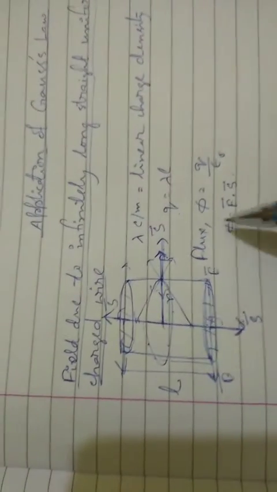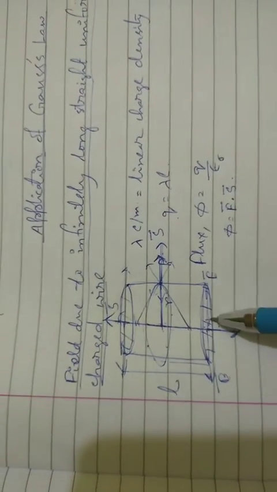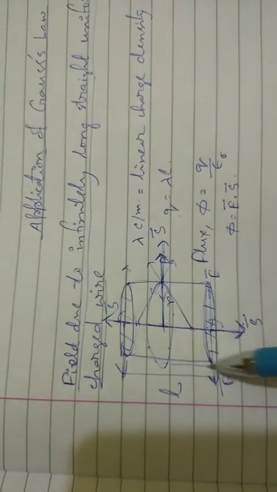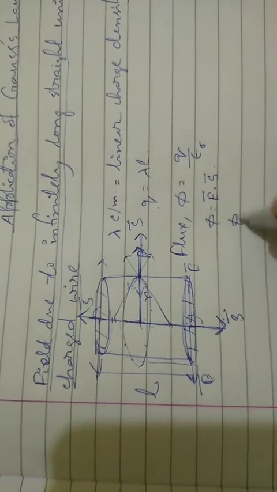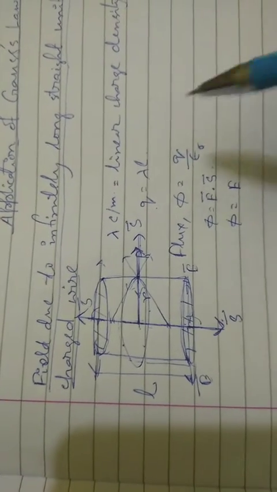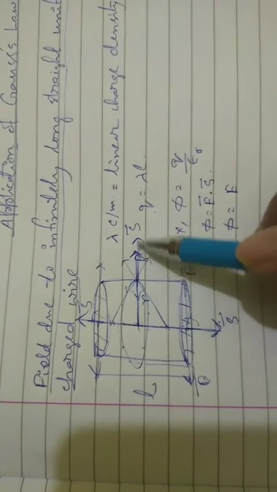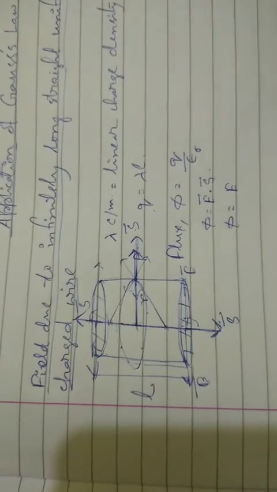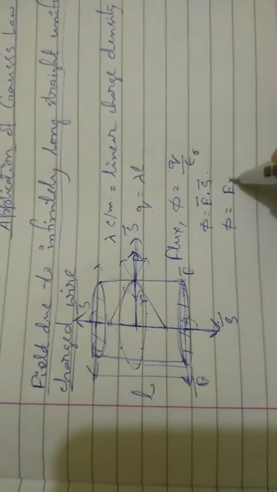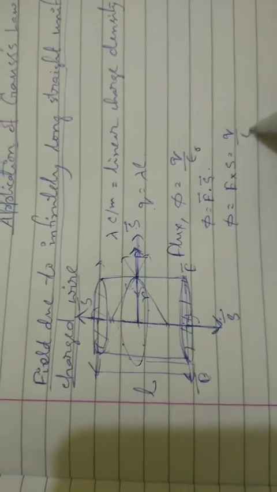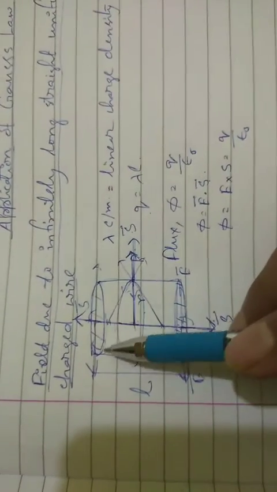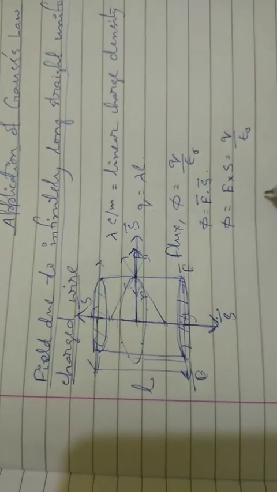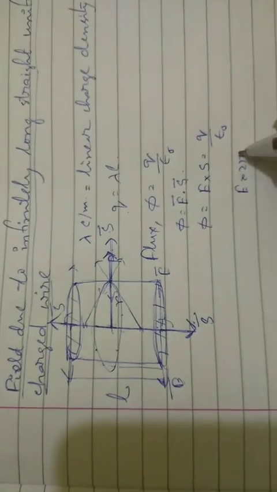So the total flux for this one is 0, for this one is 0, so only the curved surface contributes. For this one we can write phi equals E dot S with cos 0, which is 1, so E multiplied by S equals Q by epsilon naught. The surface area of the curved surface is 2 pi r l.